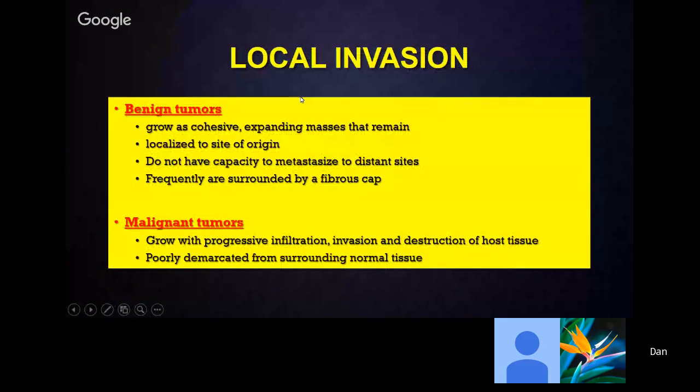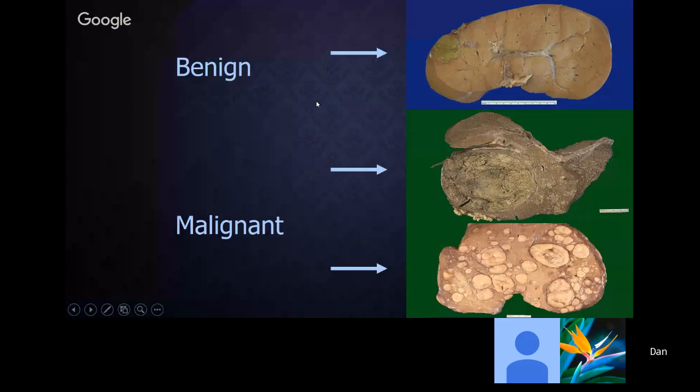So most of the invasions are malignant, not much of benign. Benign, like I said, pushes the tissue. It doesn't have the capacity of malignancy unless it becomes fibrous. So here, different ways to tell. The benign, you're going to have a capsule around. It's round, it's regular, it's symmetrical, it's pushing the tissue.